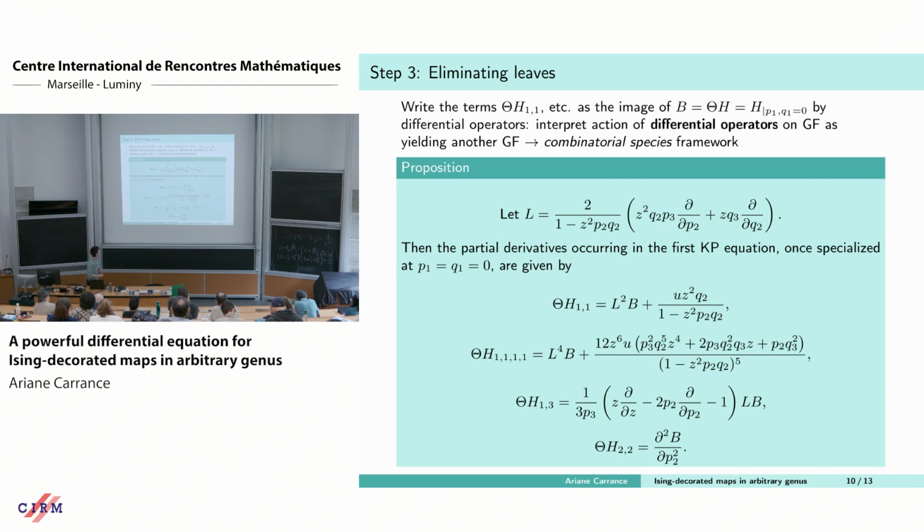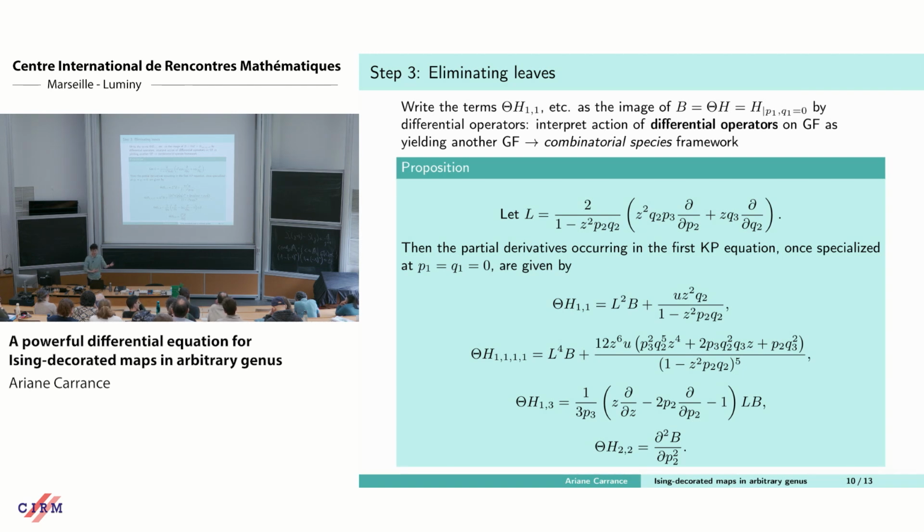Let me start my sentence again. We want to write theta applied to these derivatives as things that depend on B. And the general philosophy of this is that these differential operators applied to generating functions can be interpreted as combinatorial operations.